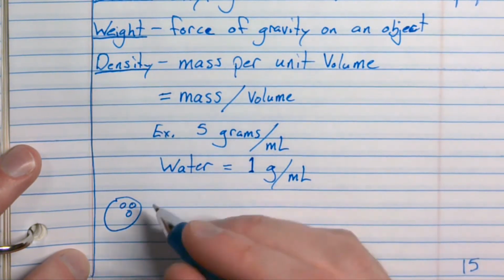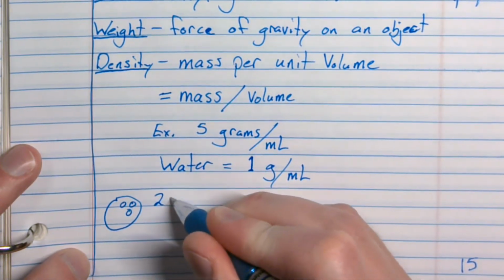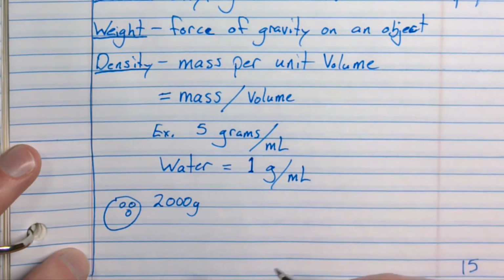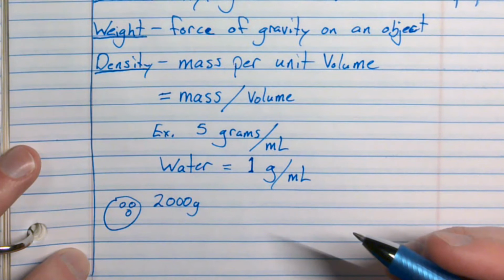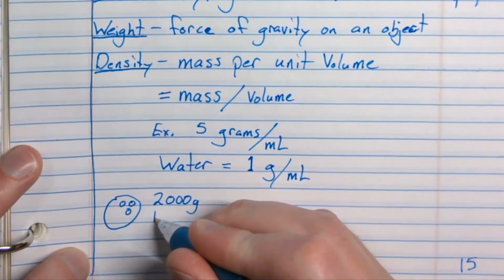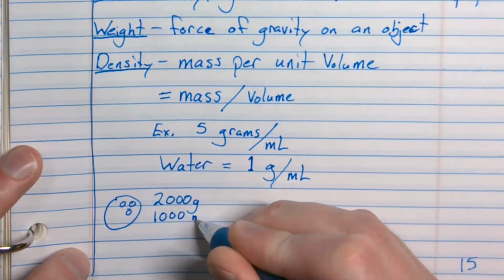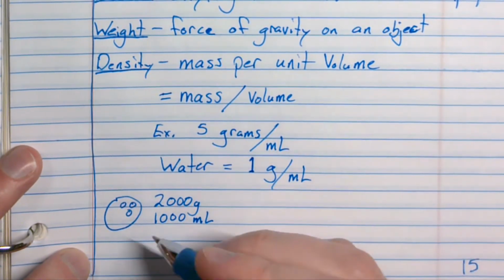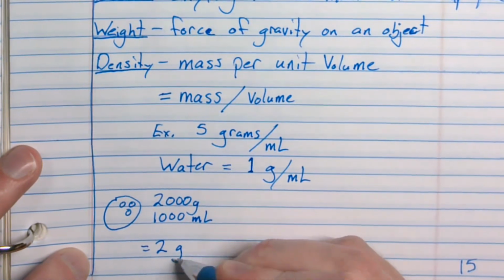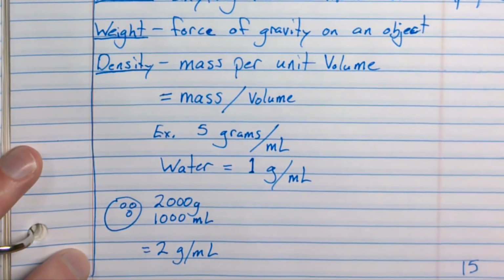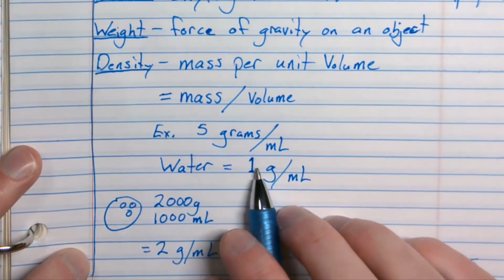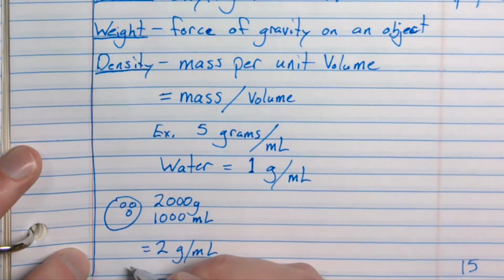Let's say it's 2,000 grams and it takes up 1,000 milliliters. That would equal 2 grams per milliliter. And so this is much more dense than water, so that would mean it would sink.